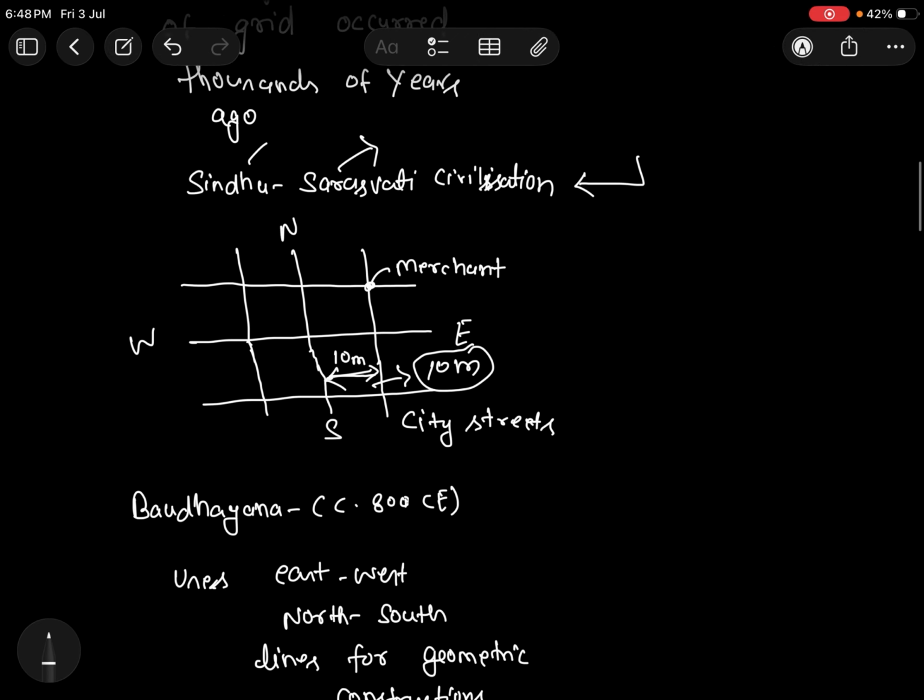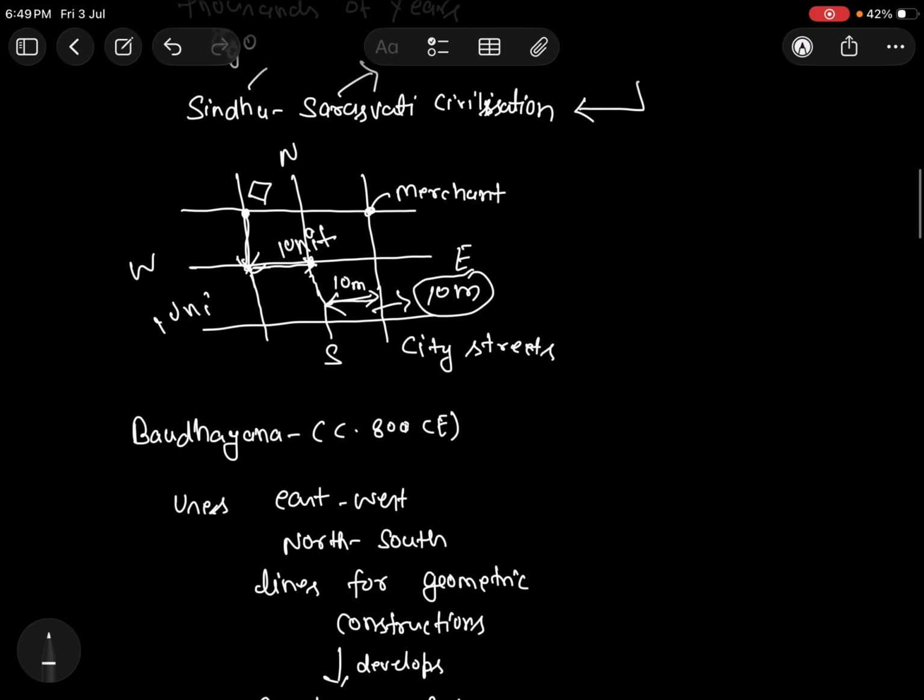So how did people use these roads for describing the location of a place? Let's say you are a merchant here, you have a reference point here, and some shop is here. To reach this shop, you need to follow this road in the south direction for 1 unit, and then east for another 1 unit, through which you will easily reach this particular shop.